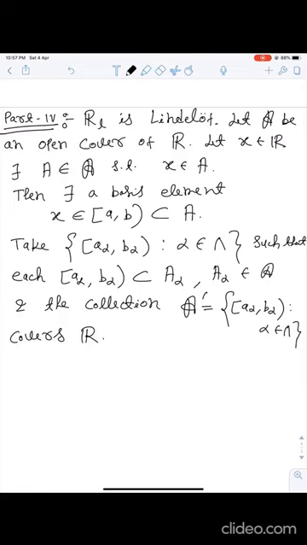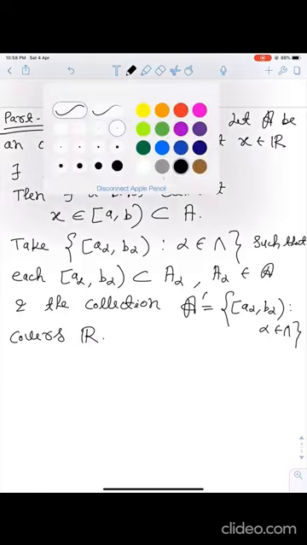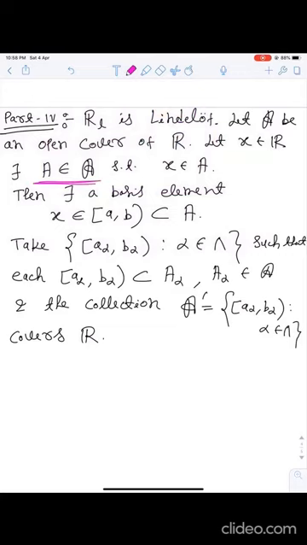Now this is always possible. Why? Because it is given that script A is an open cover of R. For each element X, we get an element A such that A belongs to script A and A contains the element X, right? Since X belongs to A, there exists a basis element such that X belongs to this basis element, which is a subset of A. That means for each element X we get a basis element.